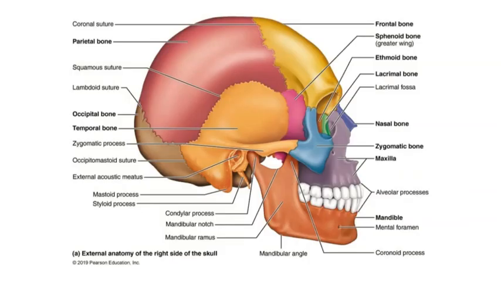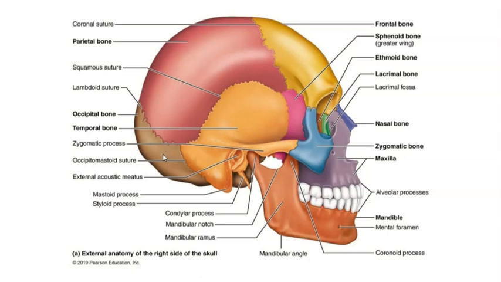So from the lateral side of the skull, we can see all of the cranial bones. Anteriorly here we see in yellow, the frontal bone that makes up the anterior and superior part of the cranial bones. The parietal bones form the superior and lateral aspects of the skull.